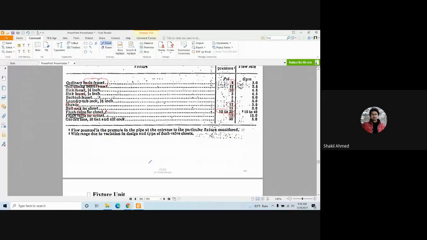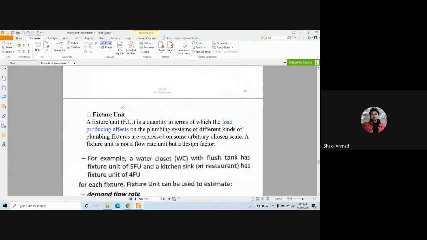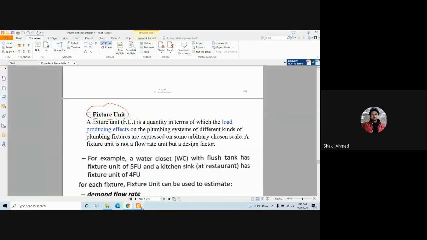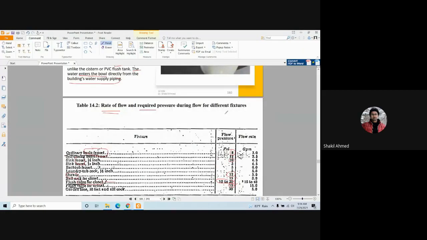Okay. Now fixture unit. What is fixture unit? This pressure requirement or flow rate requirement. Higher is the pressure requirement, higher is the flow rate requirement. Okay.